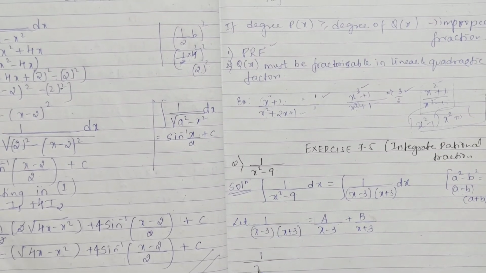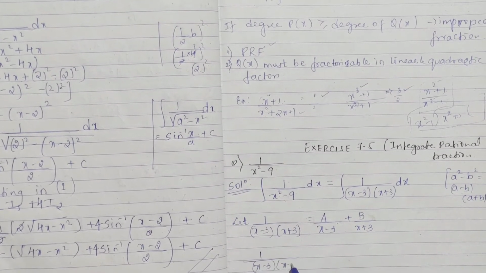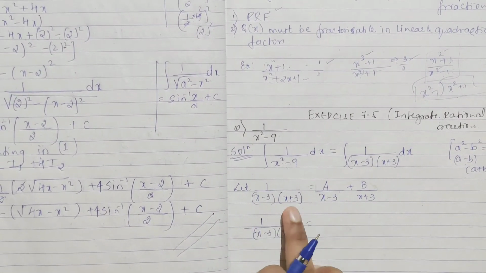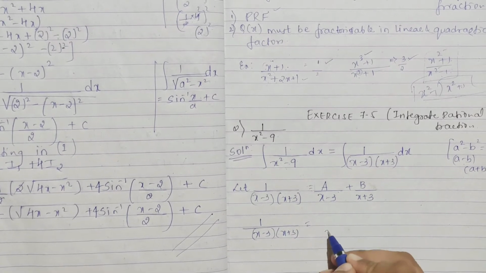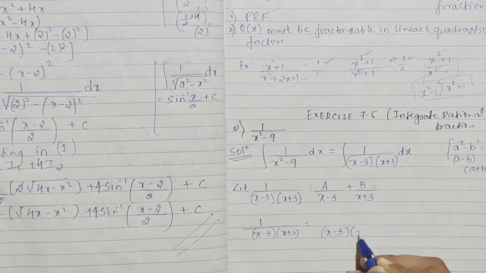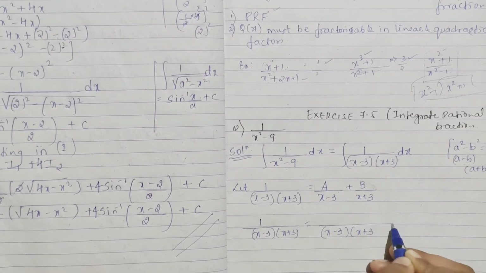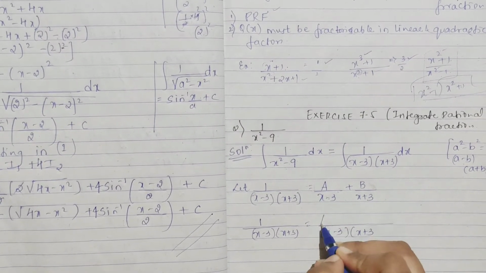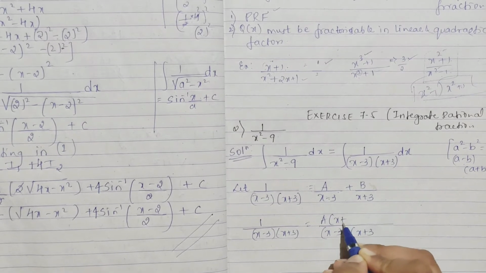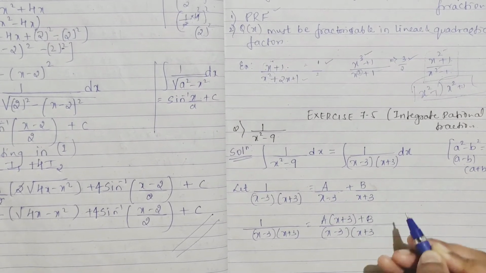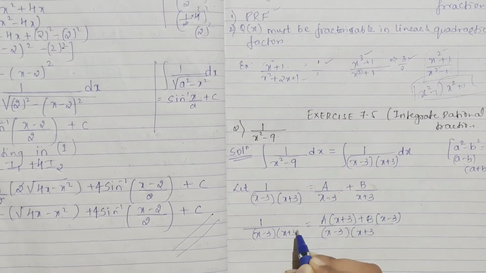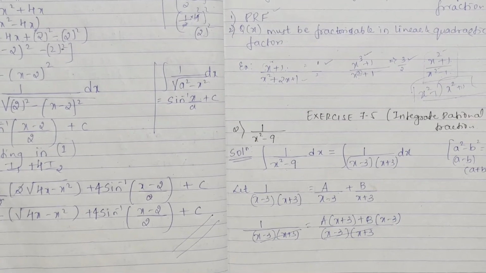The LCM is the same, x minus 3 into x plus 3, and the left hand side remains the same. Now x minus 3 is here, so you have to multiply A with x plus 3, plus B, x plus 3 is here, so you have to multiply with x minus 3. Now you can say the denominator gets cancelled off.